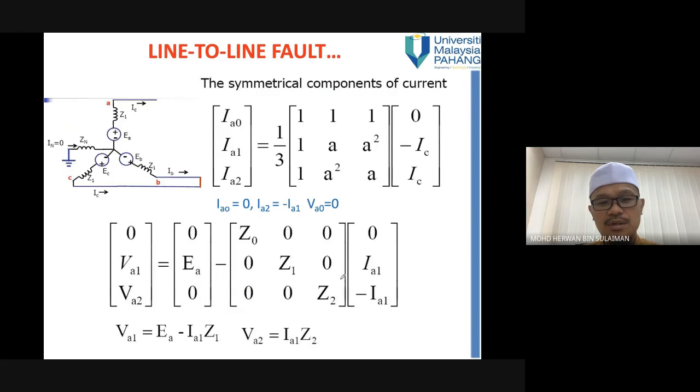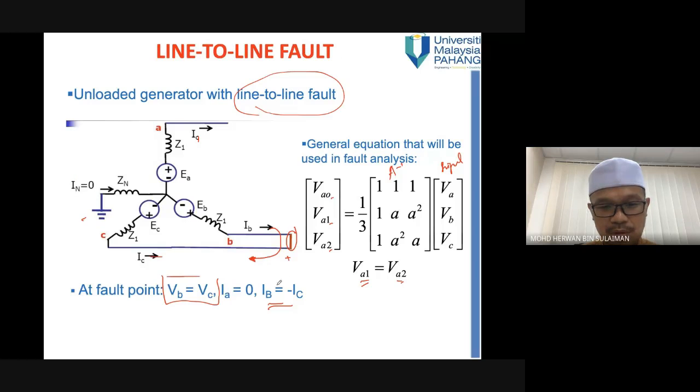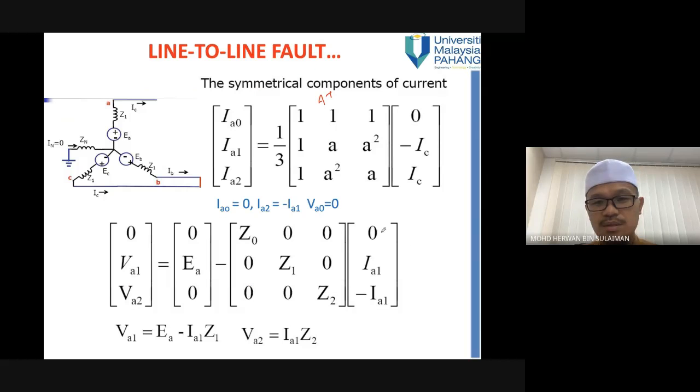Similarly for the current, when we want to find the symmetrical components of current, it is 1/3 of A inverse times your signal, because we already know that IA is 0, and IB equals minus IC. You just put it back: this one is IA, which is 0, this one is IB equals minus IC, then this is IC. And then from here we can expand.